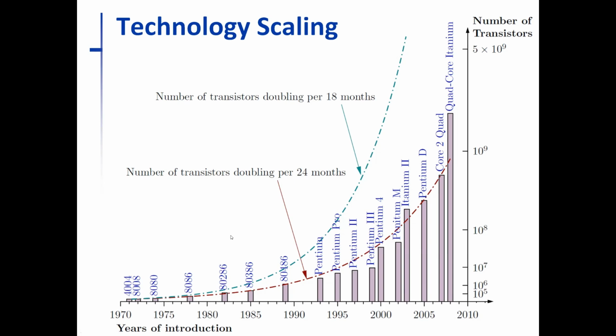I remember the first computer that I used had an 80386 processor, some 16 megahertz clock speed or something. That was around 1993, I think, if I remember correctly.